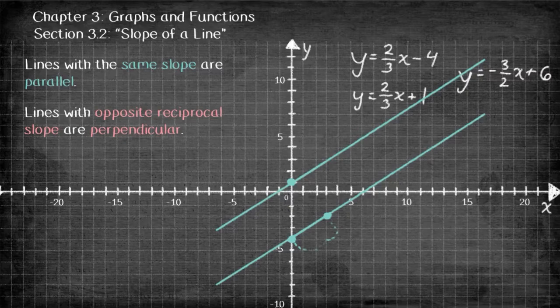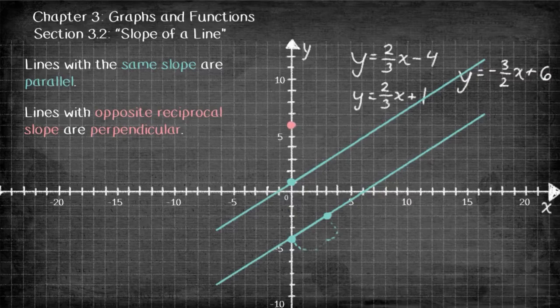Now this last line has a slope of -3/2, which is the opposite reciprocal of 2/3. So this line should be perpendicular to the other two. Let's draw it.